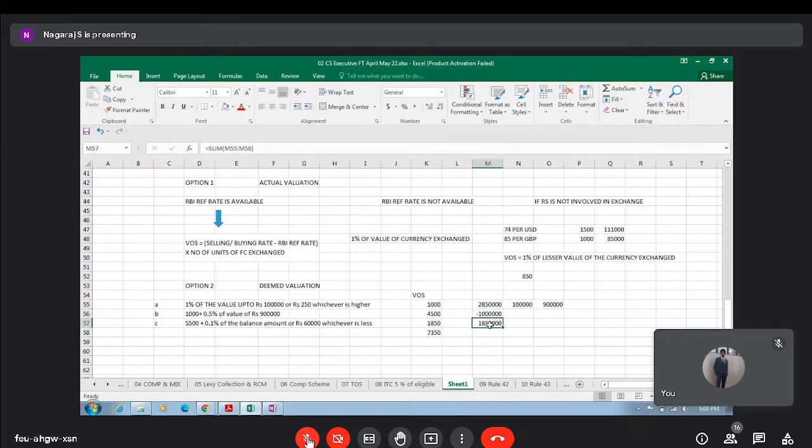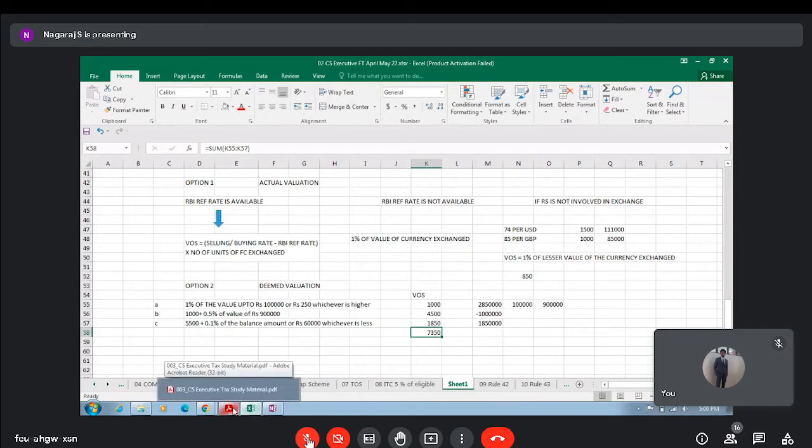On this, 0.1% or rupees 60,000, whichever is less. Which is the least one? 0.1% of 18,50,000 is the least one. Total of these three, 7,350, will be the value of supply.